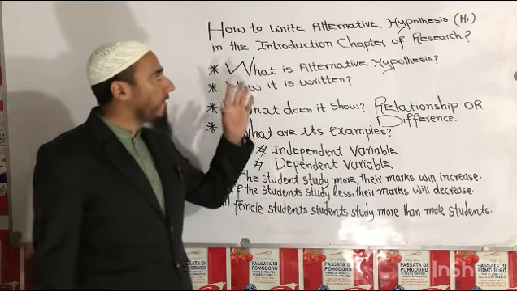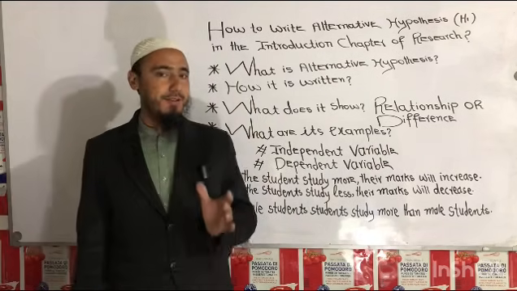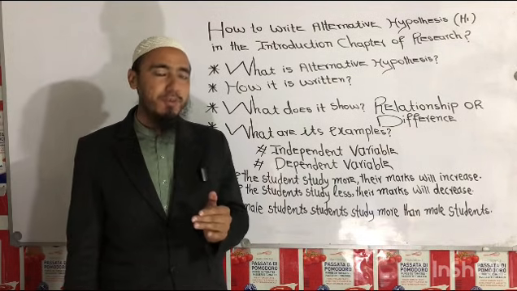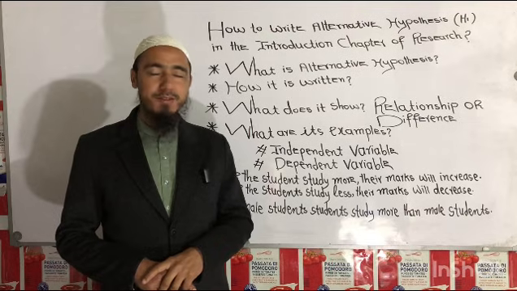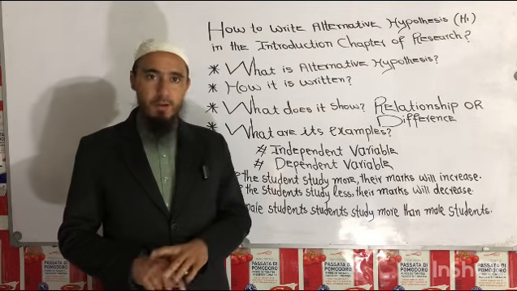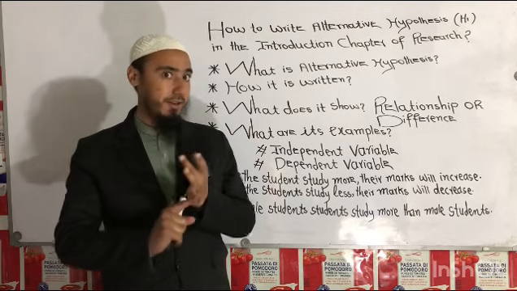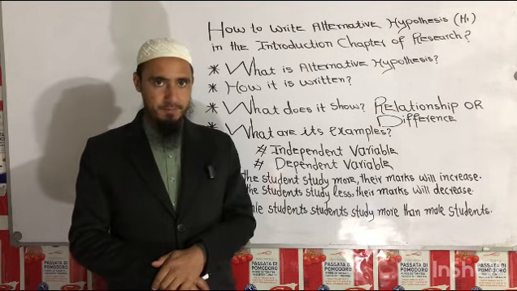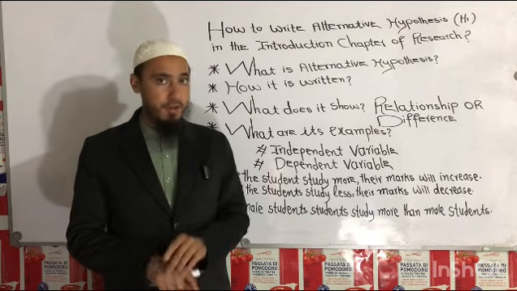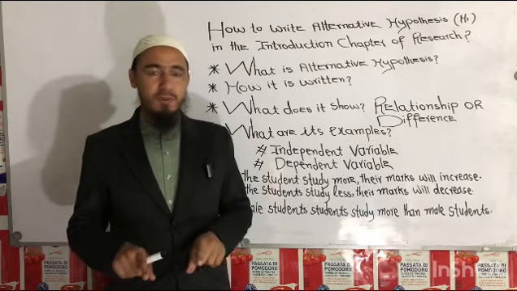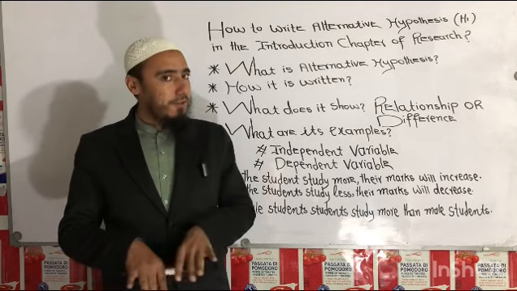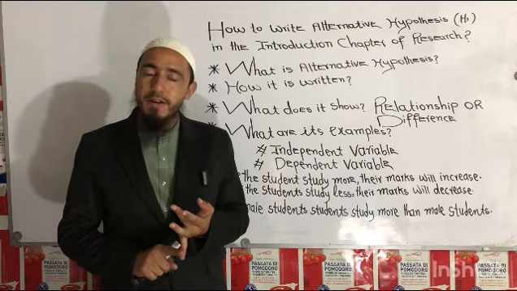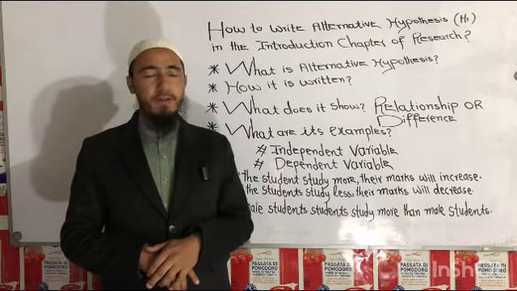Listeners and audience, alternative hypothesis is a logical, measurable, and testable statement which predicts the relationship or the difference between two variables. When I say the relationship between two variables or the difference between two variables, it means dependent variable and independent variable.